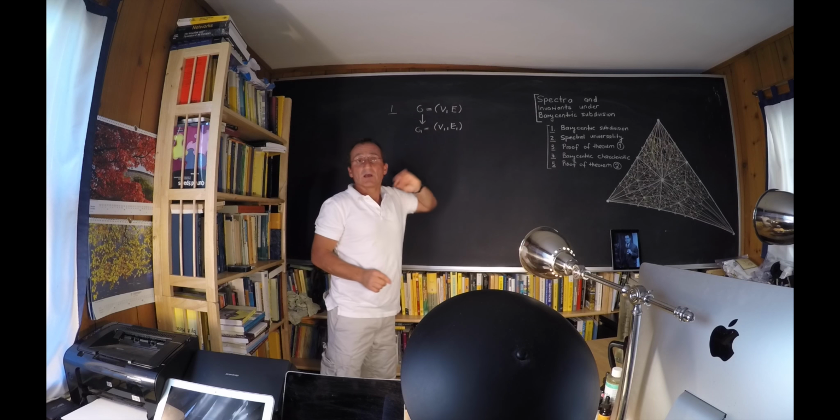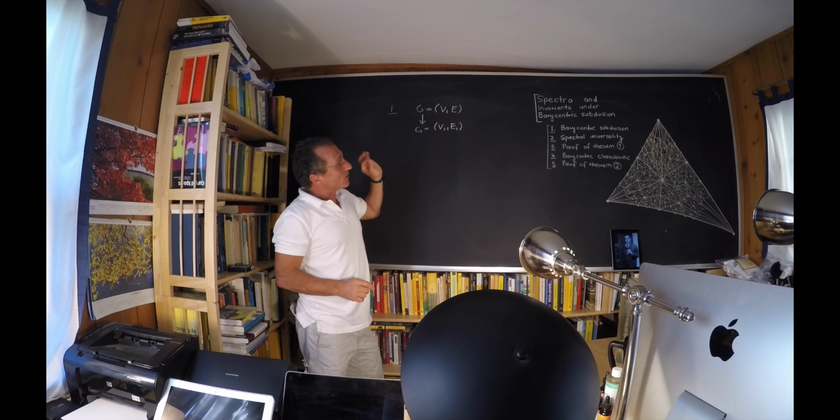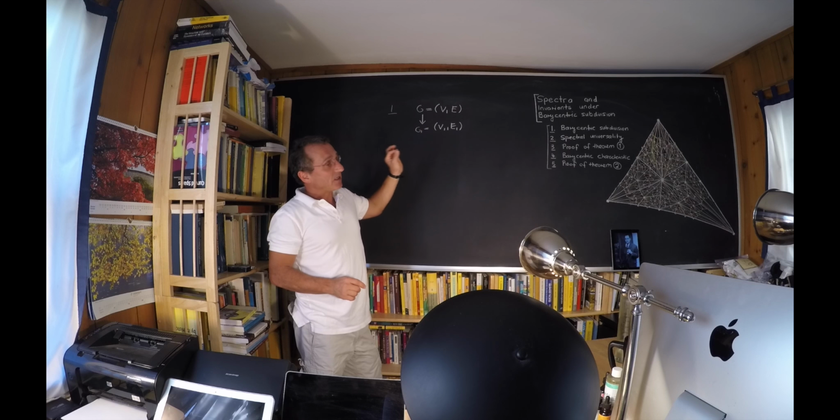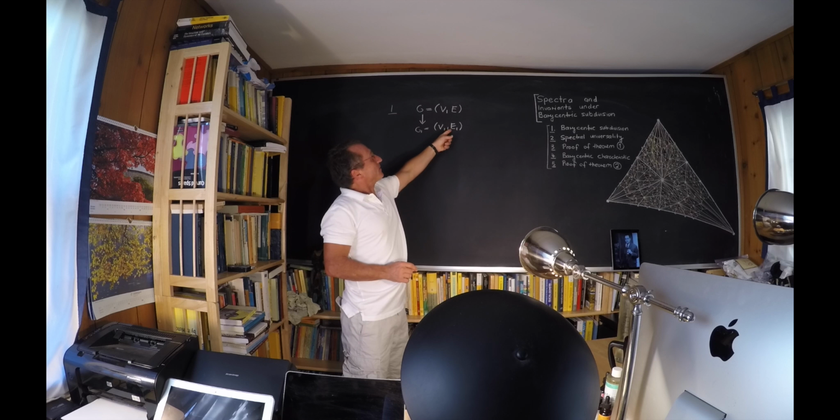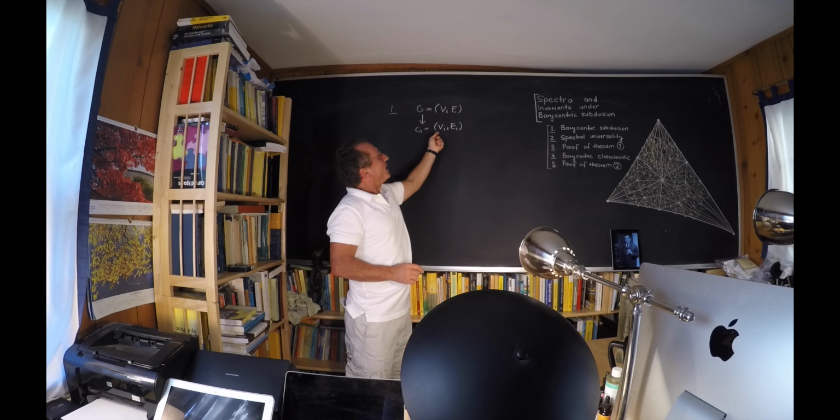So V1 is the collection of all cliques, complete subgraphs of the graph, and E1 consists of all pairs of such subgraphs where one is contained in the other.